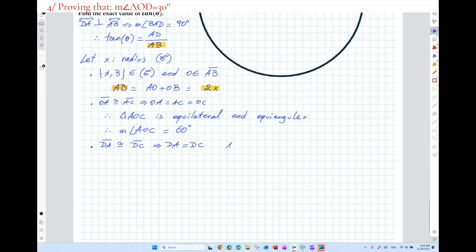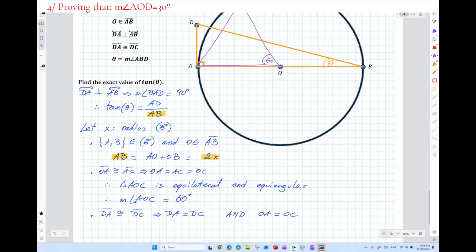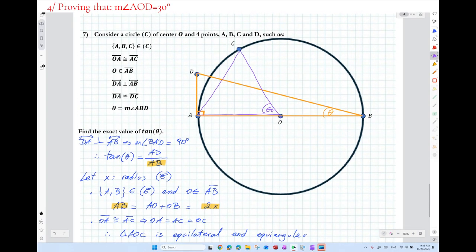And if I add to that the fact that OA equals OC, since they are both radii, as explained earlier, I will have a kite with the line OD bisecting this angle. And so that would be 30 degrees.